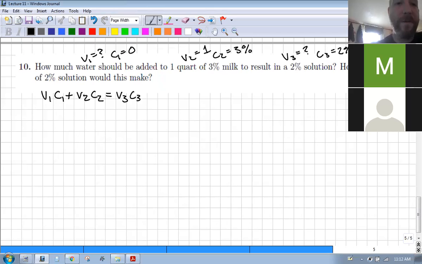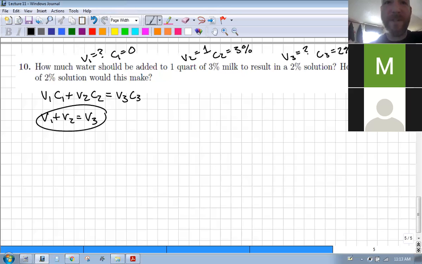We also have V1 plus V2 equals V3. 2 equations with 2 unknowns, we can solve them, okay? So in this equation, we're missing 2 out of 3 of them, right? We don't know what this is. We don't know what this is. So it's kind of hard to solve that.